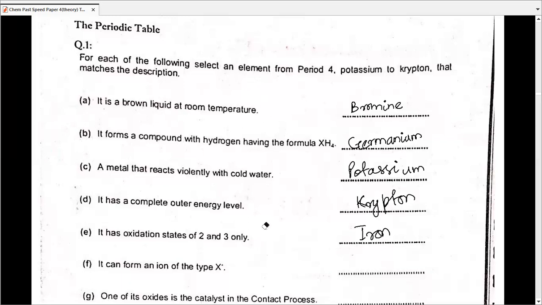Okay, moving on. Next type: it can form an ion of the type X. Is it minus? It's a little difficult to see on the photocopied portion. Let's consider it as X minus. Right? Okay, X minus.